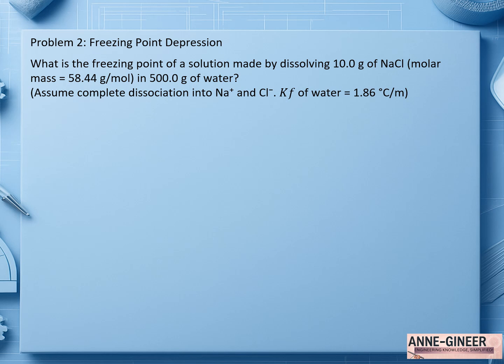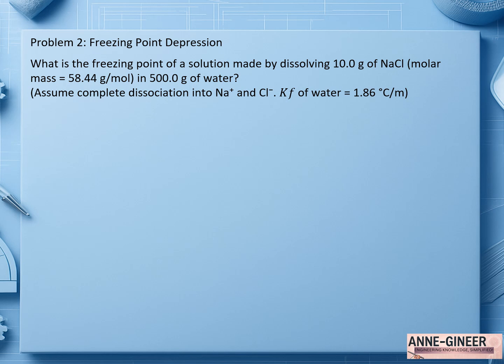Next, for the freezing point depression, what is the freezing point of a solution made by dissolving 10 grams of sodium chloride in 500 grams of water? Assume complete dissociation, and the Kf of water is 1.86 degrees Celsius per m.